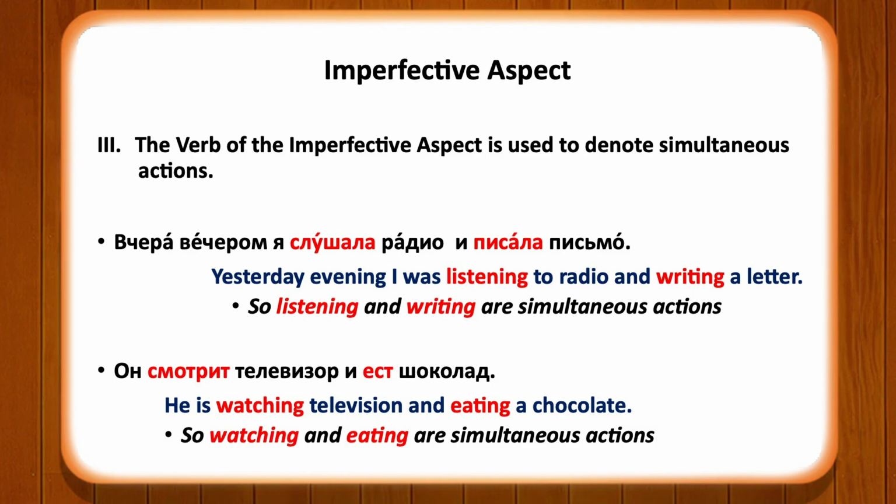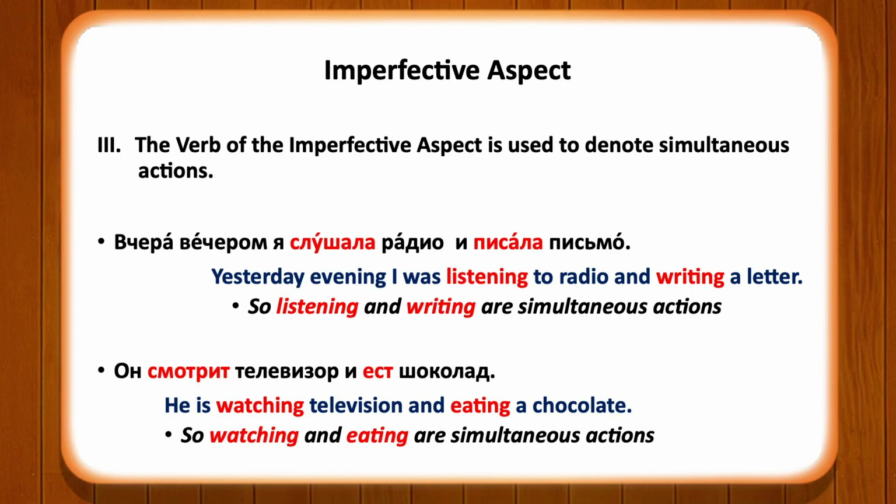The next example that we will take is он смотрит телевизор и ест шоколад. The verbs are смотреть and есть. Смотреть means to watch and есть means to eat. These two actions in the present tense are taking place at the same time.